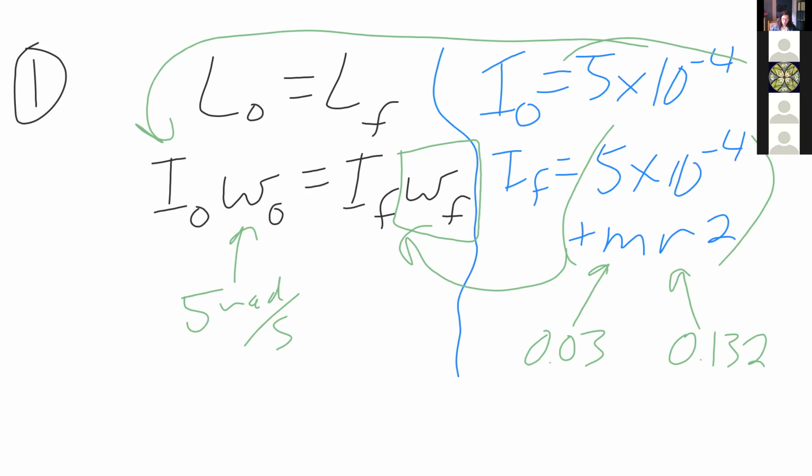In problem 2, we're doing a very similar thing. We have a vertical rod that's swinging and it collides again with a piece of putty. The point of the putty is that it sticks to the rod.